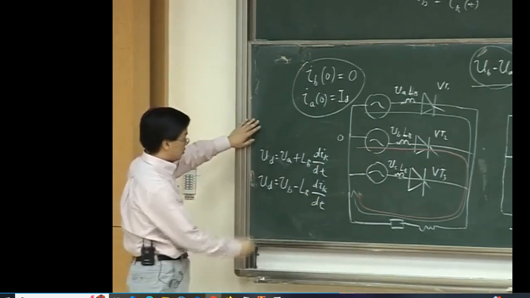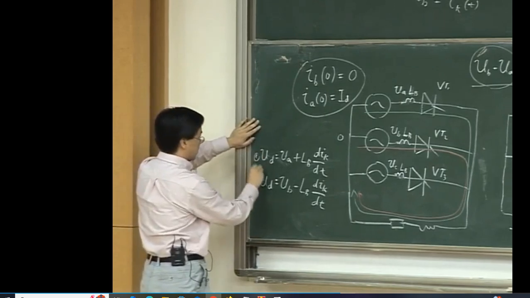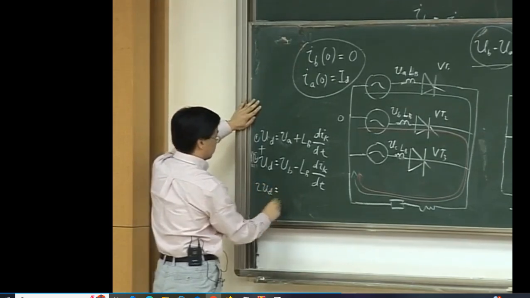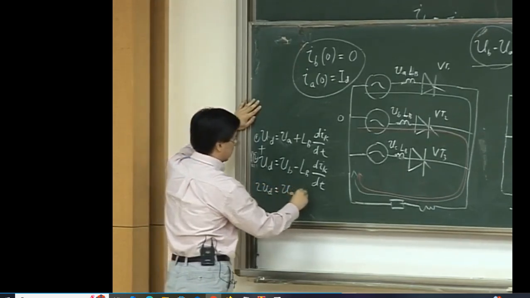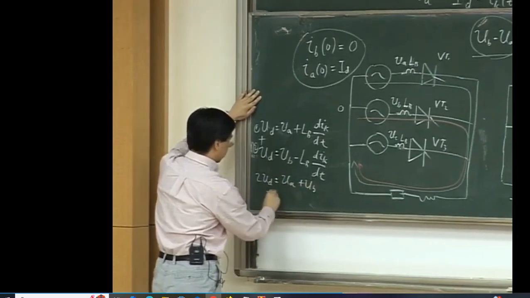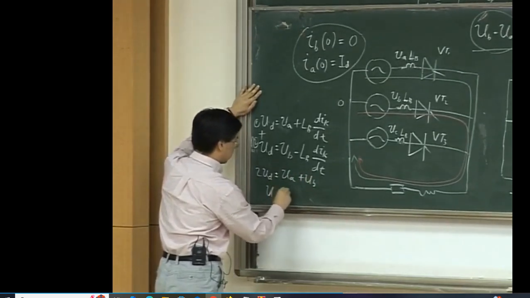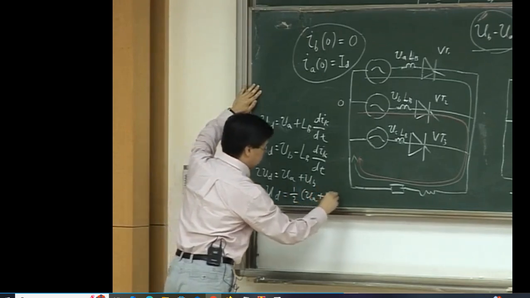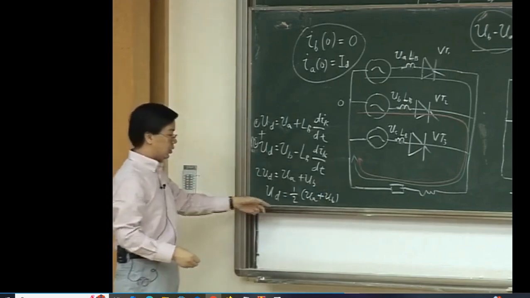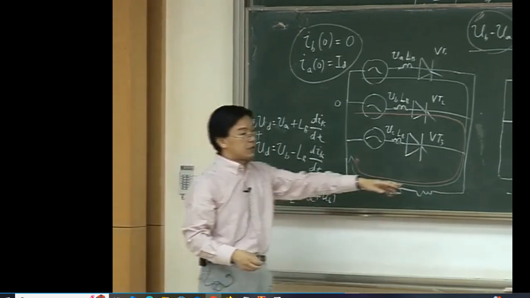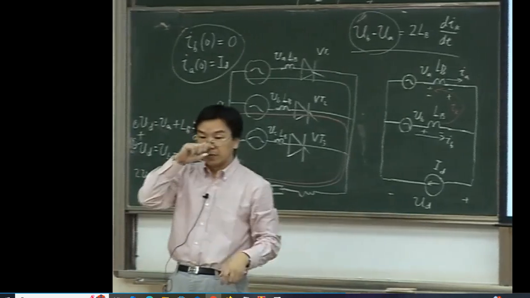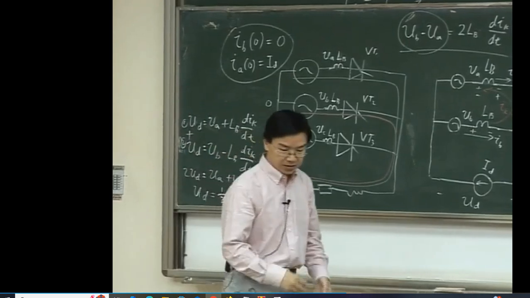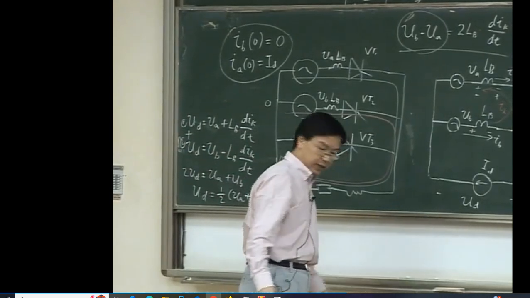Then you add up these two equations, and that will give you 2UD equal to UA plus UB. That means UD during this commutation process is equal to half of UA plus UB. That means during this process, the load voltage is equal to the average value of UA and UB.